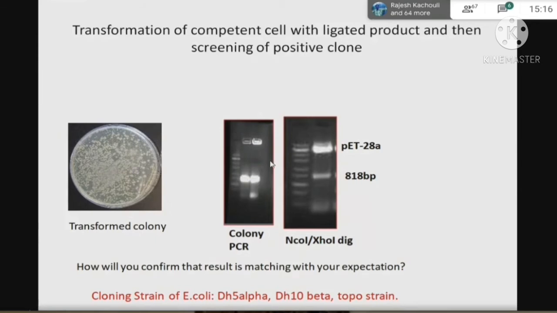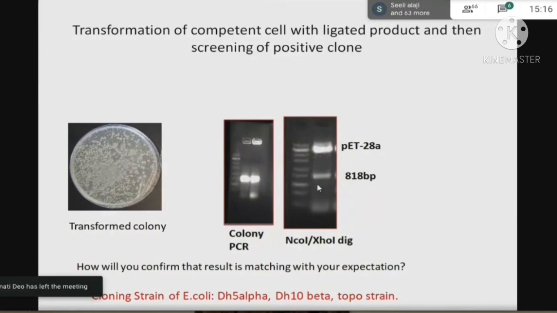If you are getting a positive result here, then you take some amount of that colony and culture it in liquid culture, then isolate the plasmid, and digest that plasmid with your BAMH1 and HIND3. Here we are showing MCS, etc. But wherever you have cloned, suppose you have cloned at BAMH1 and XHO, then we have to take BAMH1 and XHO digestion.